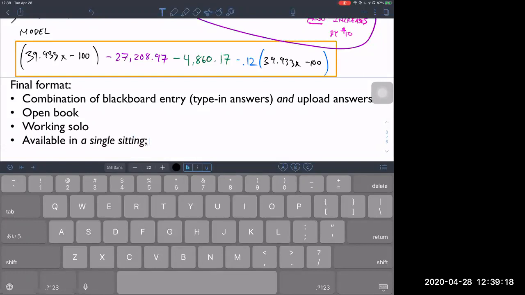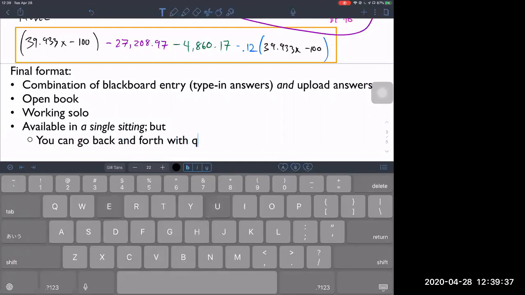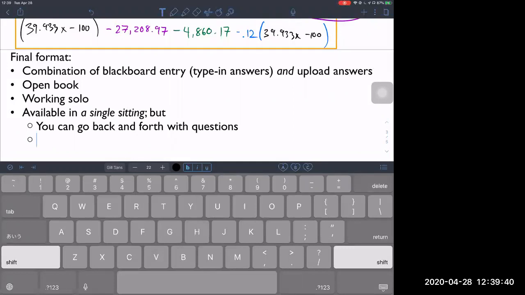But, I remember somebody was asking about this, you can go back and forth with questions, and it's going to be extended time. So you might not be able to save and come back to it because I'm going to put it in a single sitting, but it's going to be extended time.